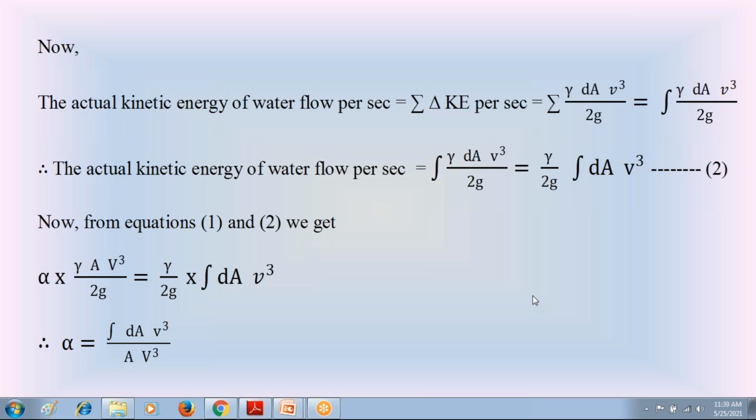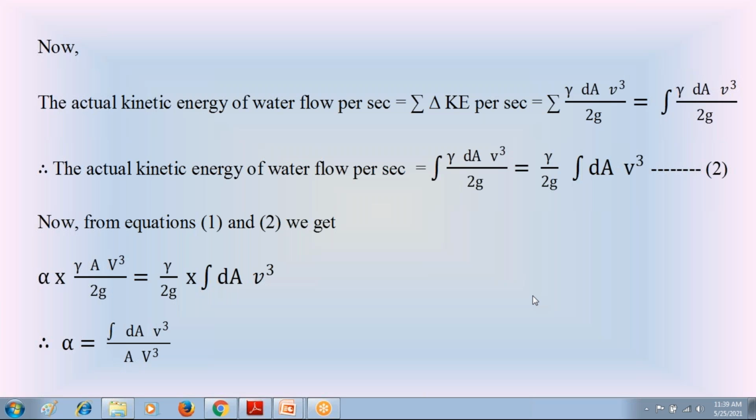Then we add all the water layers in the open channel. So you get the actual kinetic energy of the entire water flow per second in the open channel, equal to sigma, the sum of the kinetic energy per second of all water layers, sigma delta Ke per second.